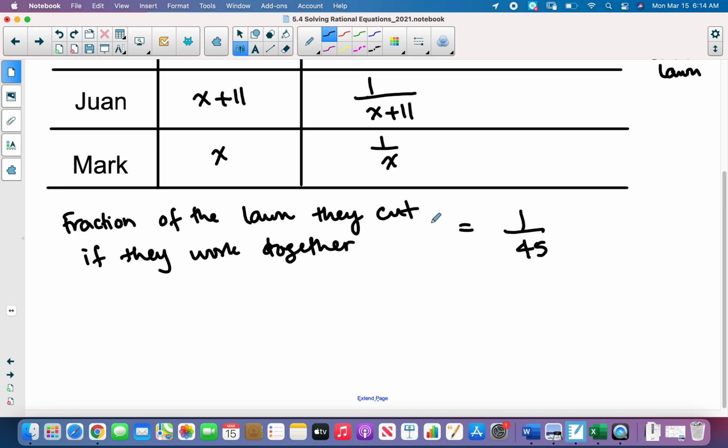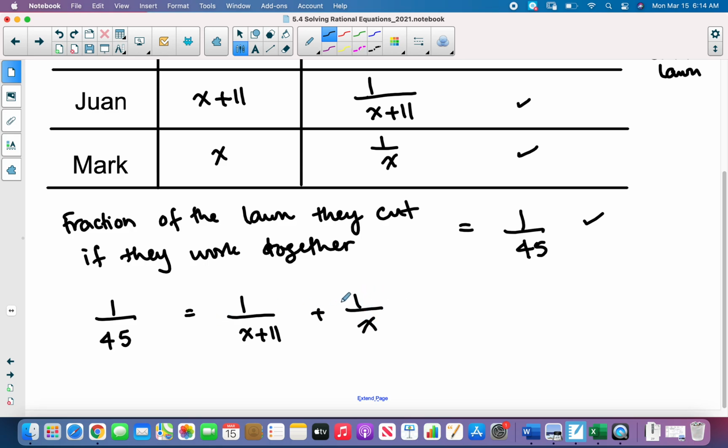When I consider this fraction of the lawn that's cut, I can equate that to the sum of their work in that 1 minute. So 1 over 45, which is the fraction of the lawn that they cut in 1 minute, will be equal to the sum of the fraction that each of them cut in 1 minute: 1 over x plus 11 plus 1 over x.